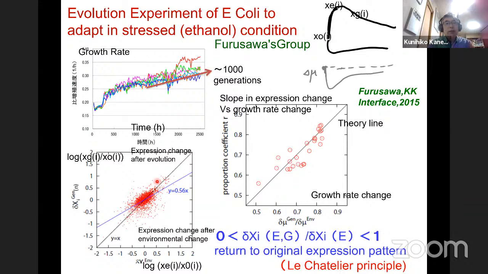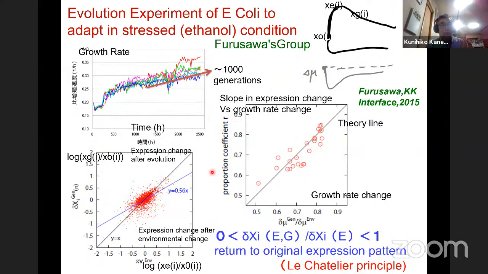And we can measure the slope of environmental change versus mutational, or evolutionary, change. And again, we have this common slope. There are many scattered points, but there are 4,000 points, and most are along this line.